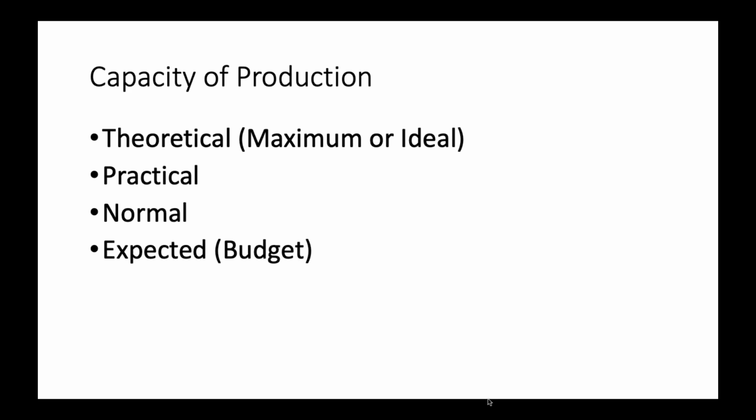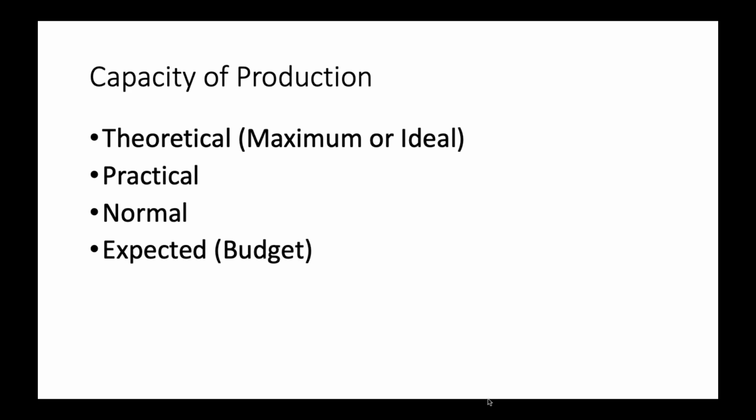It is a production in full efficiency. So if we will be estimating a factory overhead using theoretical or maximum capacity, the denominator that will be used to estimate the predetermined overhead rate would be the maximum output that the plant could possibly produce without any considerations of human errors or non-human errors.